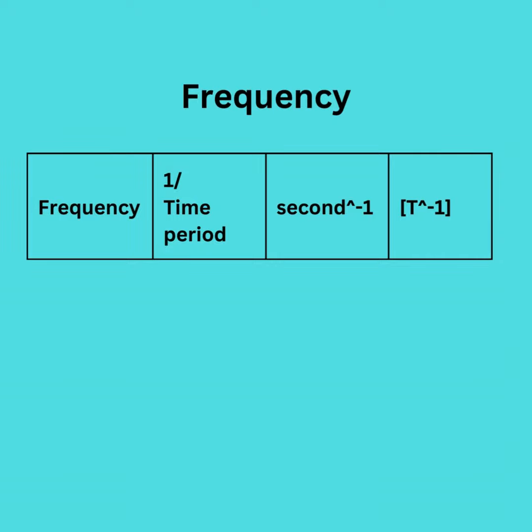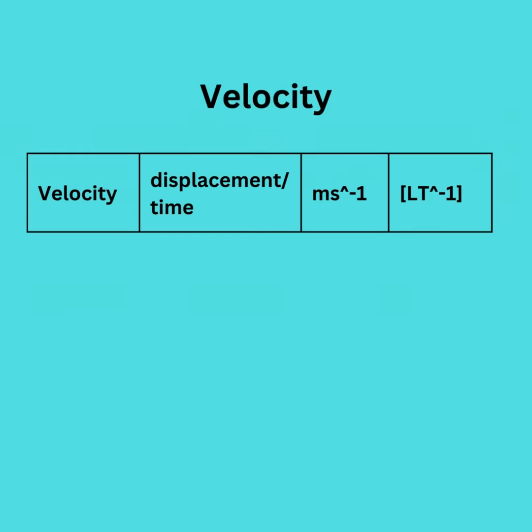So the frequency's total dimensions are 1 by T. Next physical quantity is velocity. What is the formula of velocity? Velocity is displacement by time. The displacement we measure in meters, so it is denoted with L. Its physical dimensions are capital L divided by time T. So totally the dimensions of velocity are L by T.